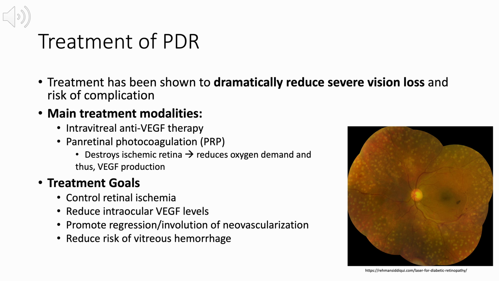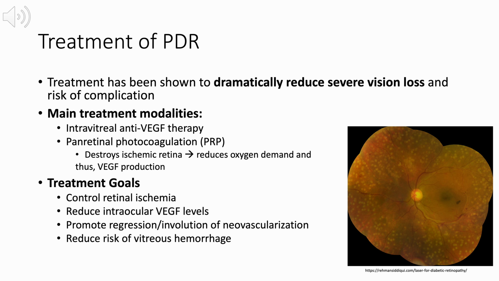The second is panretinal photocoagulation, or PRP, which works by an entirely different mechanism. It destroys ischemic retina, which reduces oxygen demand and thereby reduces VEGF production. Consider how differently these two treatments act. Anti-VEGF therapy intercepts the signal after it has been produced. PRP eliminates the tissue that is producing the signal in the first place.